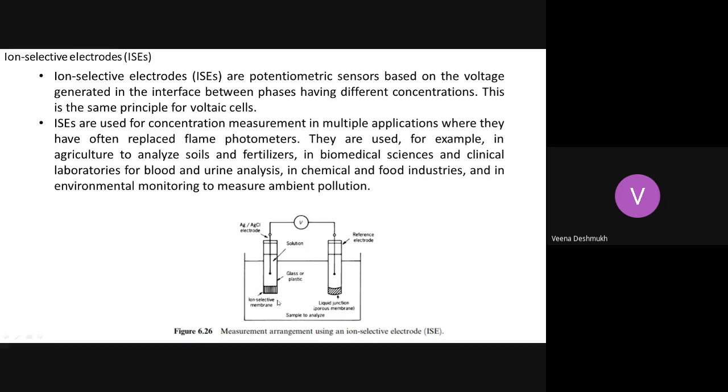To maintain that balance, these sensors can be used. These ISEs, that is ion selective electrodes, select a specific ionic concentration and are used for checking that.